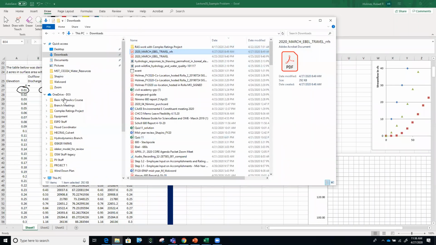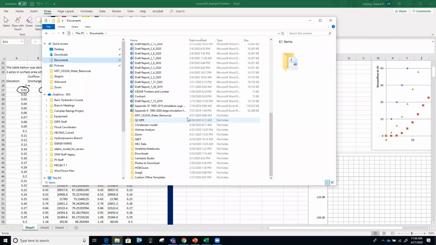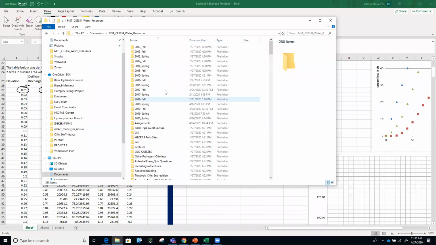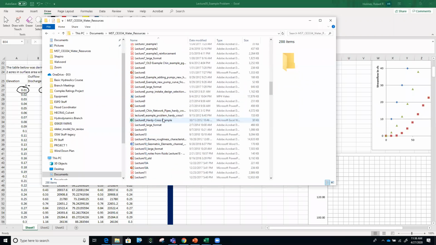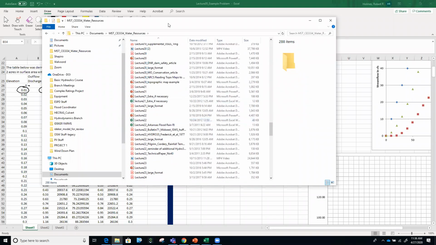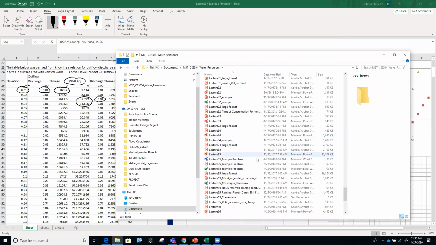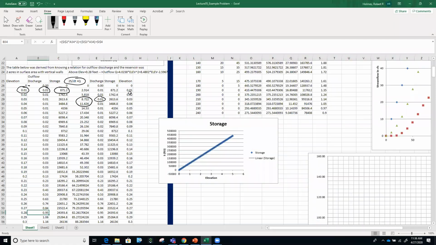So let me see what you're talking about here. Would that be the worked out problem? No, it's in your notes. I think it's in D24.